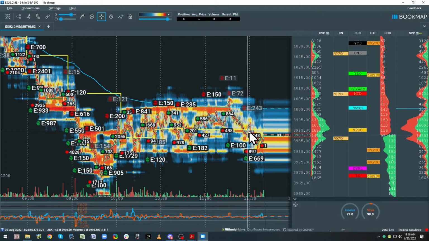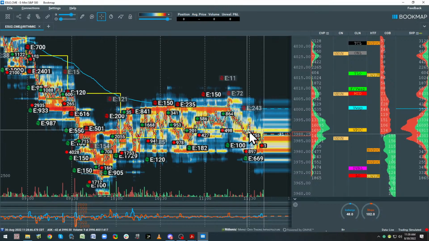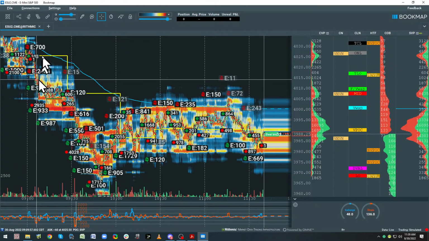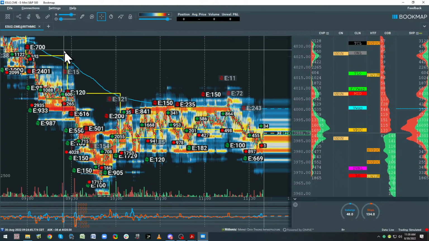So I don't use them, but I use them only in relation to the previous day. So let's just say we open inside the previous day's range and value, which means nothing has changed, then I anticipate two-sided trade early. Other than that, I don't use them because I'm more interested in what I'm seeing right here, because as this day develops, it's giving me information.